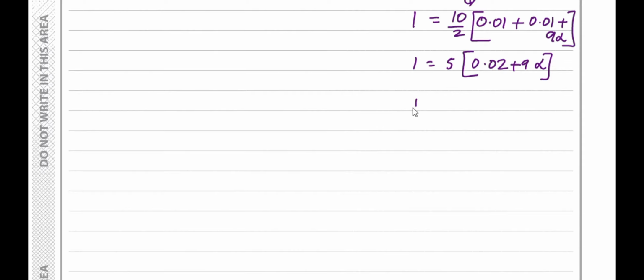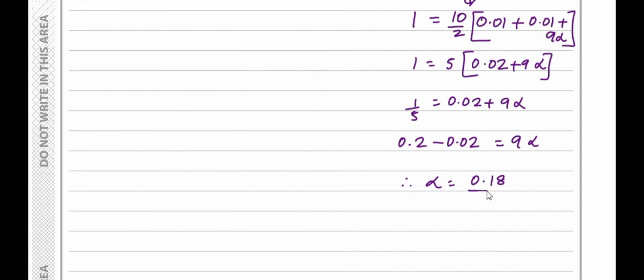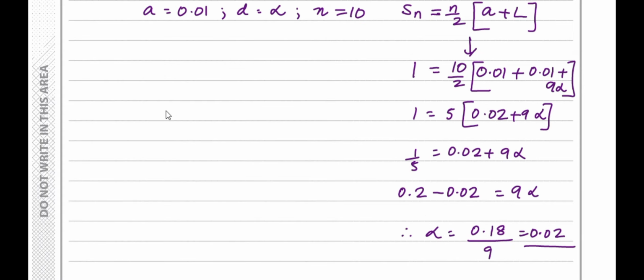Therefore, 1 over 5 is equal to 0.02 plus 9 alpha. 1 over 5 is 0.2, so 0.2 minus 0.02 is equal to 9 alpha. Therefore, alpha is equal to 0.18 divided by 9, which is 0.02. Hence, the value of alpha is 0.02.